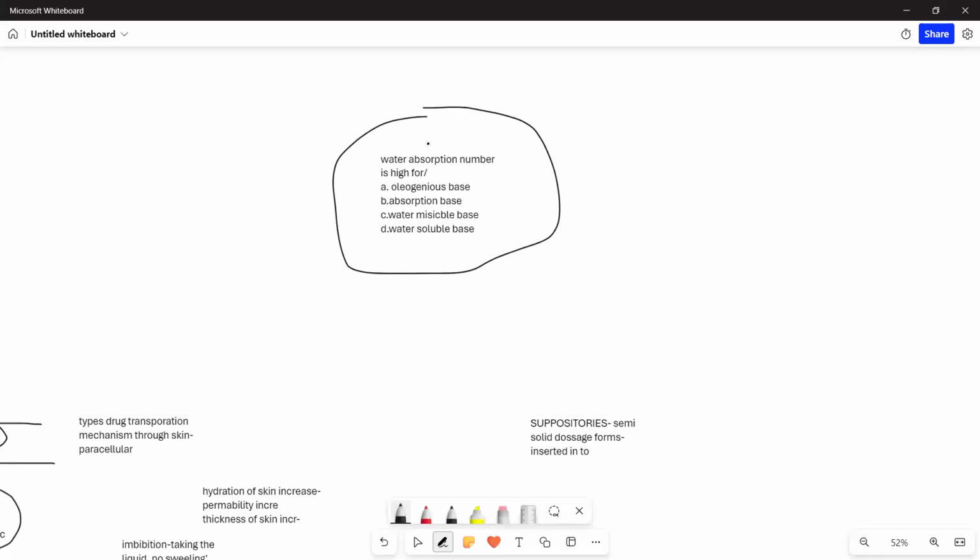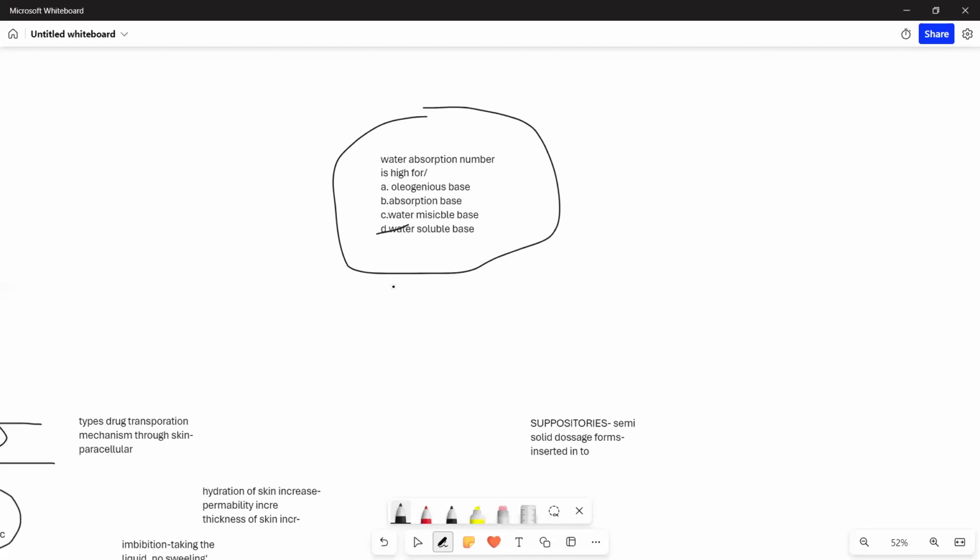It is the amount of water absorbed by 1 gram of the ointment base. Then the answer would be D, water soluble. The water soluble bases have the highest water absorption number.